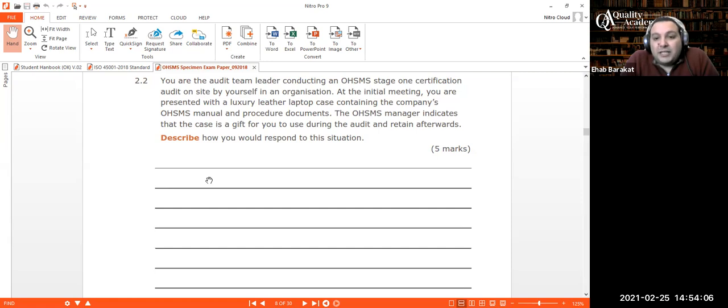At the initial meeting, you are presented with a luxury leather laptop case containing the company's OHS manual and procedure documents. The OHSMS manager indicates that the case is a gift for you to use during the audit and retain afterwards. Describe how you would respond to the situation.